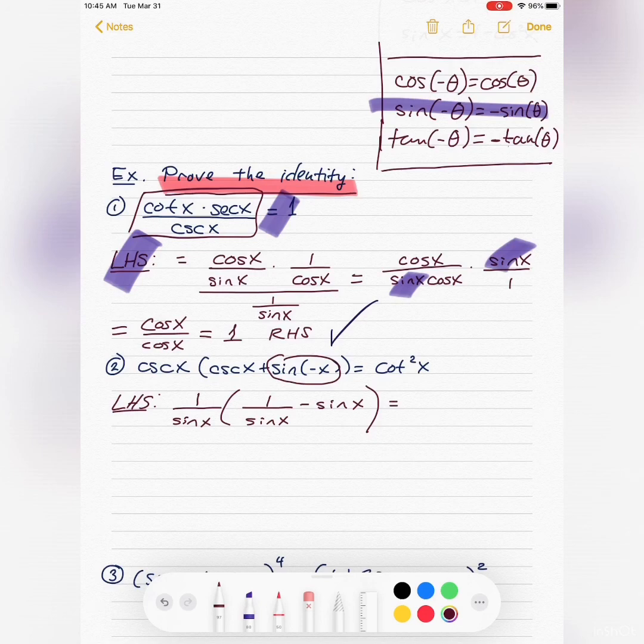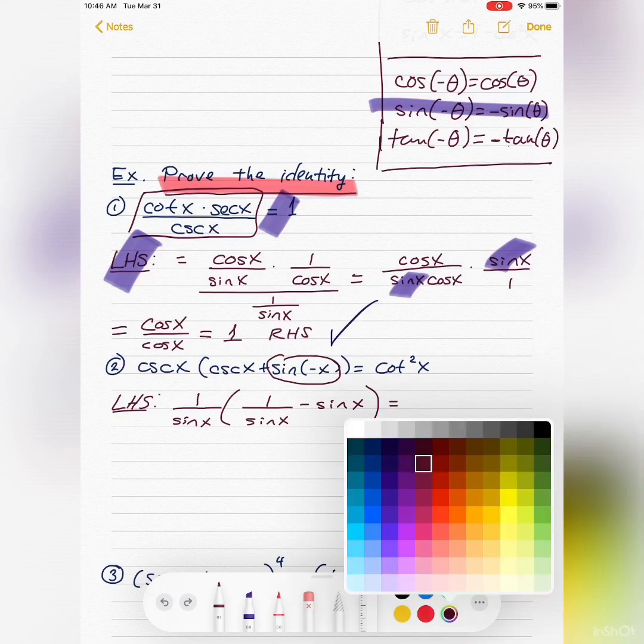Well, I had different ideas again. I could, I guess, distribute. That's a thought. Or I'm thinking, what if I combine those two things inside the parentheses using an LCD? So if I'm going to do that, then let's see.